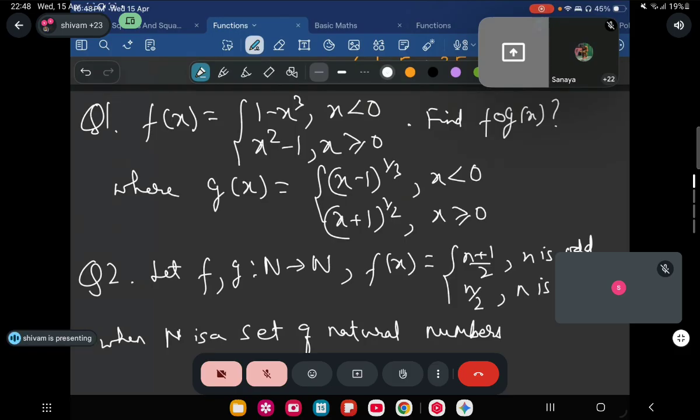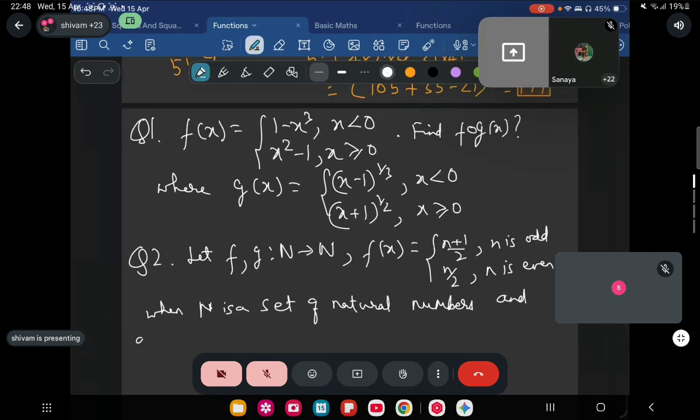And g of n is equal to n minus (minus 1) to the power n.